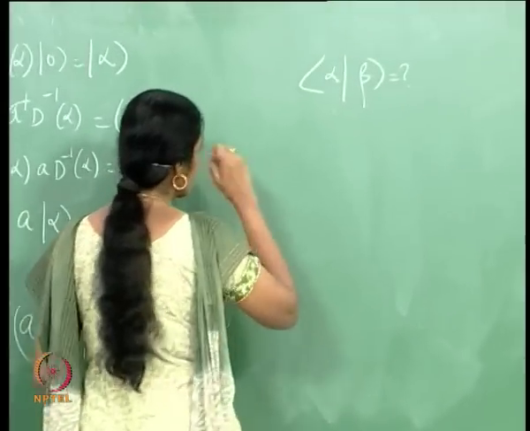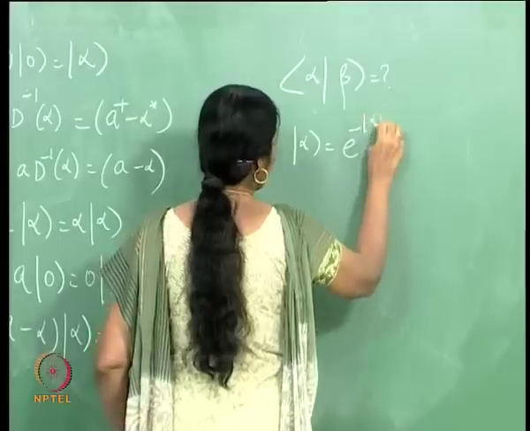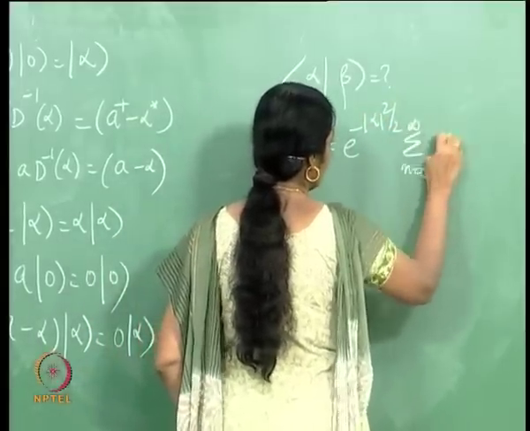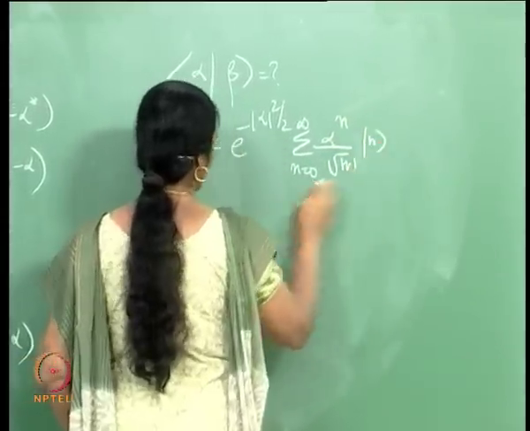So, let me look at this. Ket alpha is e to the minus mod alpha squared by 2, summation n equals 0 to infinity, alpha to the n by root n factorial ket n.